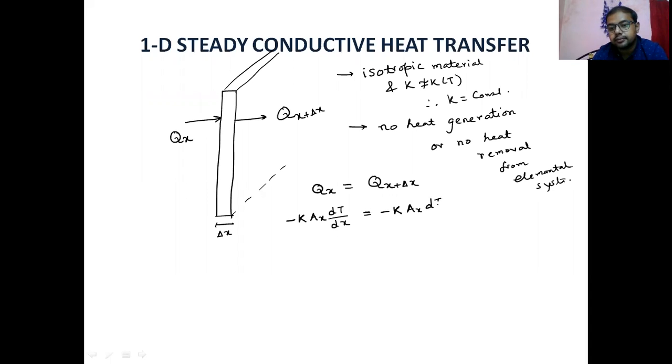So Q at x plus delta x equals Qx plus d/dx of minus k Ax dT/dx into delta x, by Taylor series expansion, plus higher order terms will also be there.